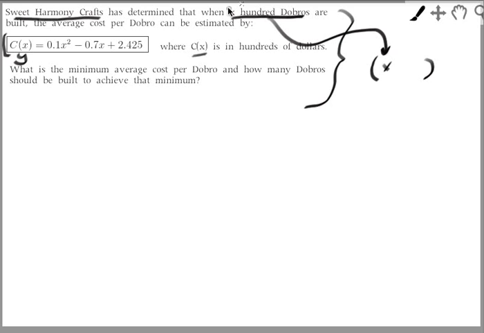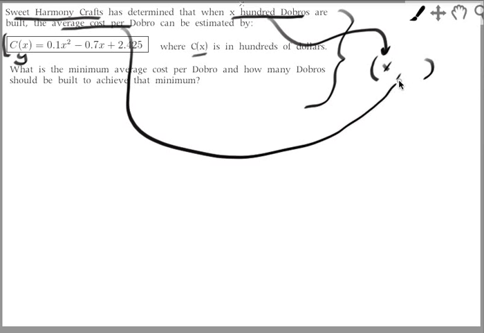In other words, if our x input value is 3, we're talking about 300 Dobros. 4, we're talking about 400 Dobros. And our y, or output value here, is the average cost per Dobro. That will be our output. And notice that this is in terms of hundreds of dollars.